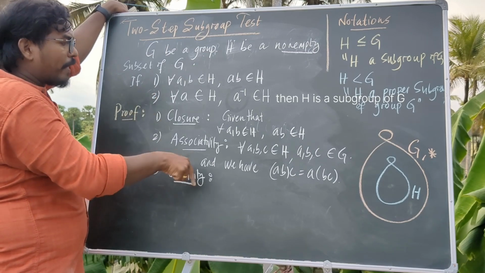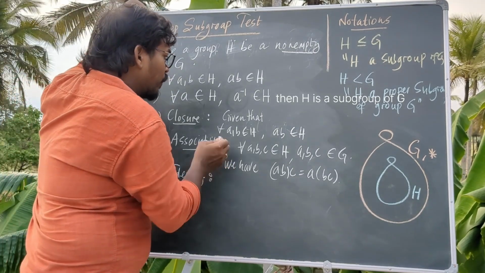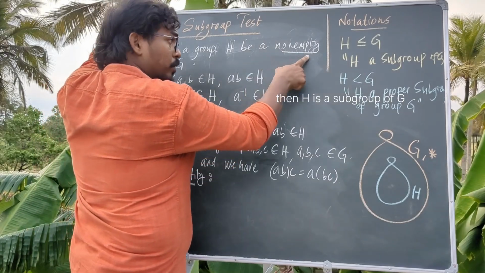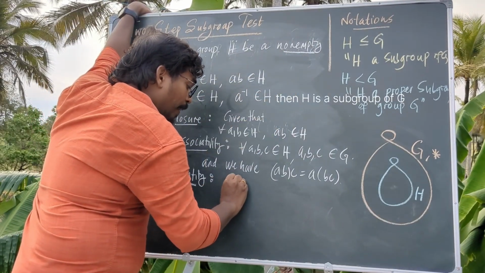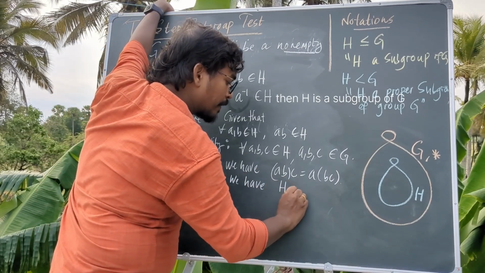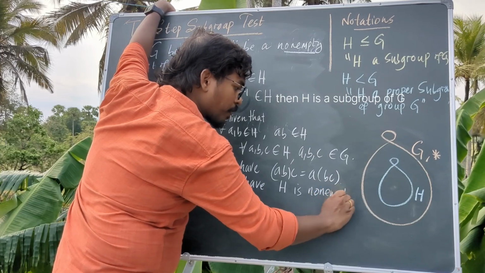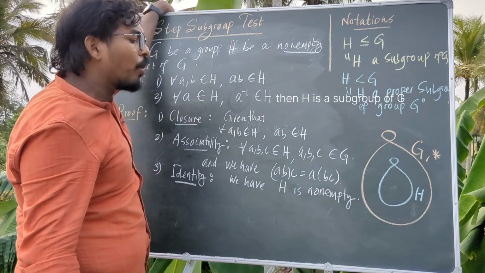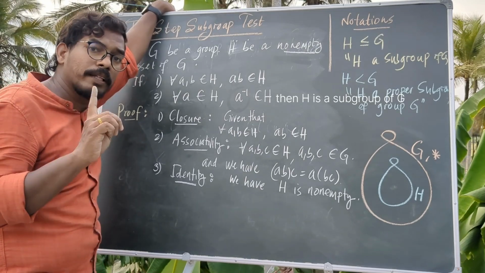We have to deduce identity from these two properties. See, this term is important: we have the subset H is non-empty. So what happens if something is non-empty? If something is non-empty, there must exist some element in that set.